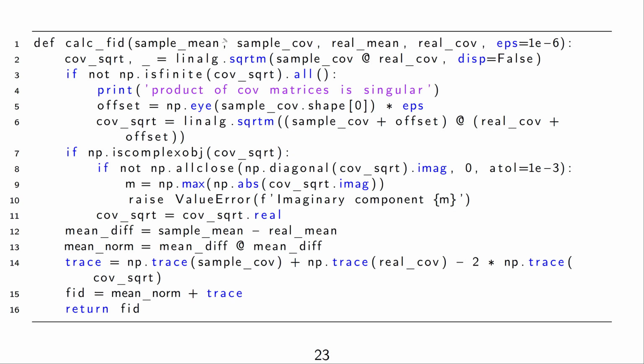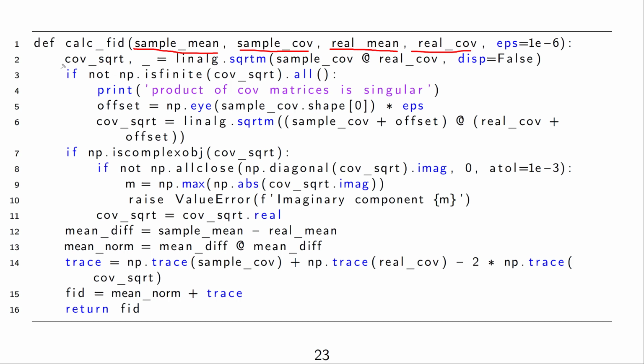Let's look at this in code. So what we have is the mean. This is a vector. This is the sample mean, and then we have the mean of the real images from the training data set. This is another vector, and then we have the two covariance matrices, sample covariance and real covariance.